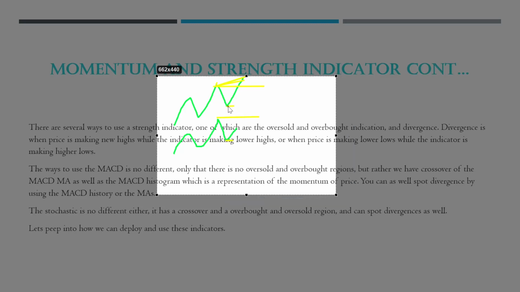Then from here we made a new high, but from here we couldn't make a new high on the indicator, we made a lower high. So how will you draw that? When you want to draw the divergence, you draw the highs on the price, then you connect the highs on the indicator. So the price is making a new high while the indicator is making a lower high.